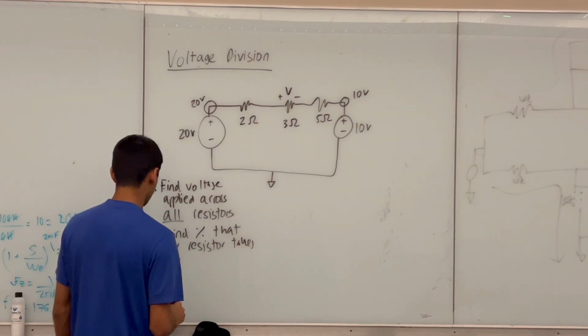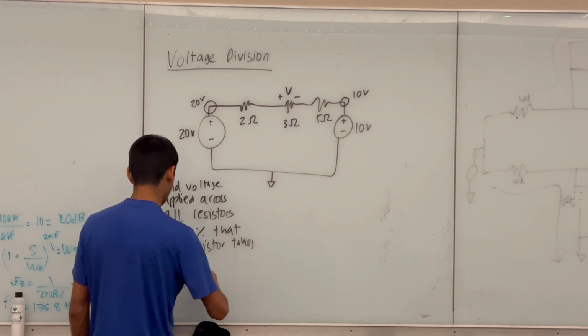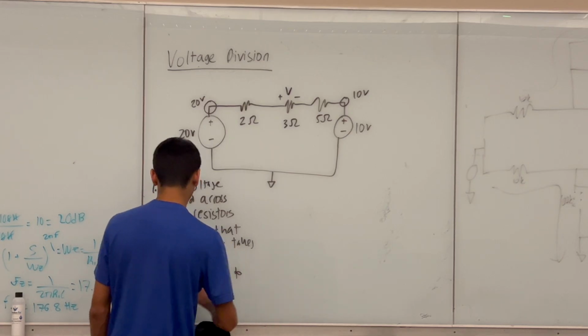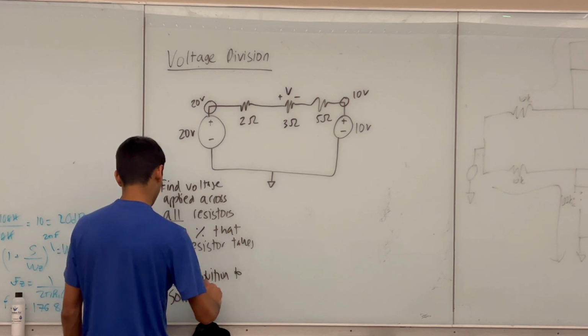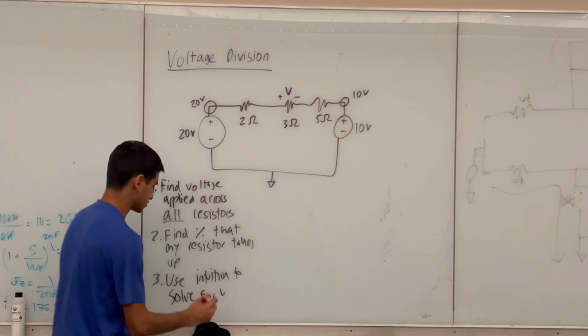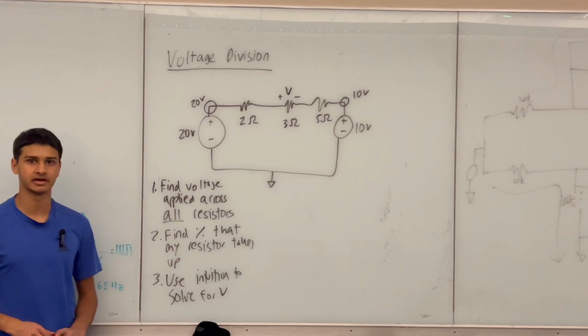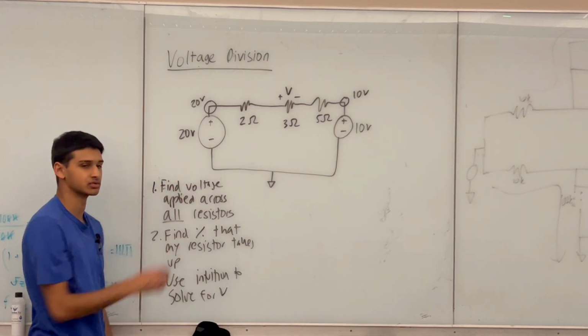And the third and final step is to use the intuition to solve for V. So I'm going to go through these steps one by one. You can always use this to find the voltage across any resistor using voltage division.